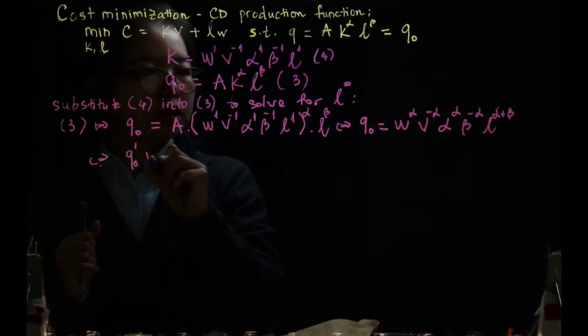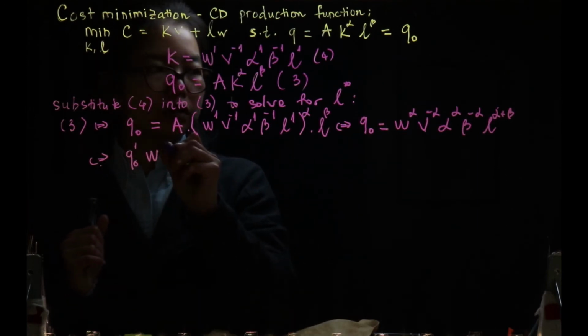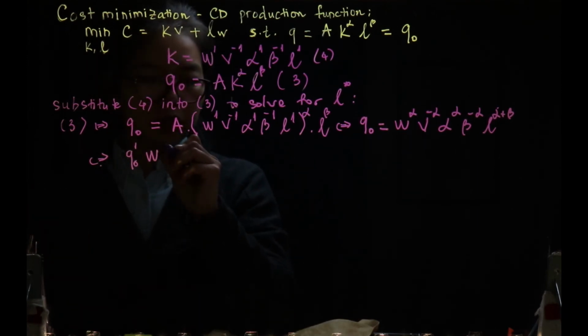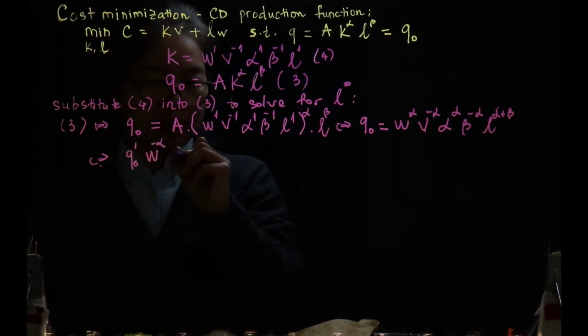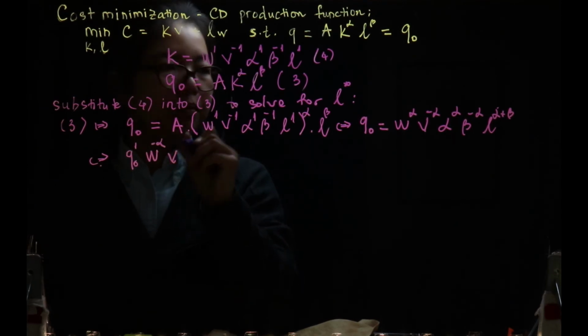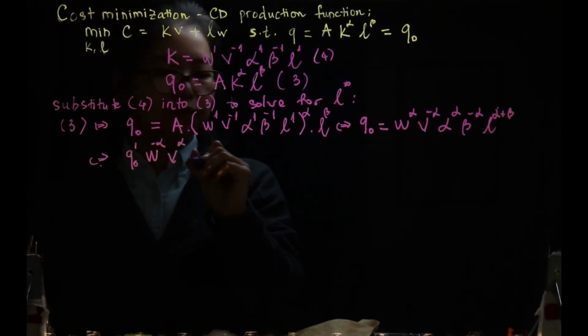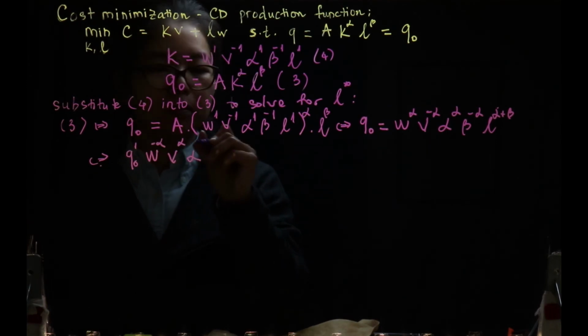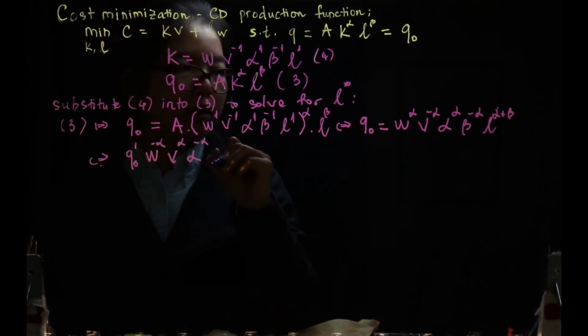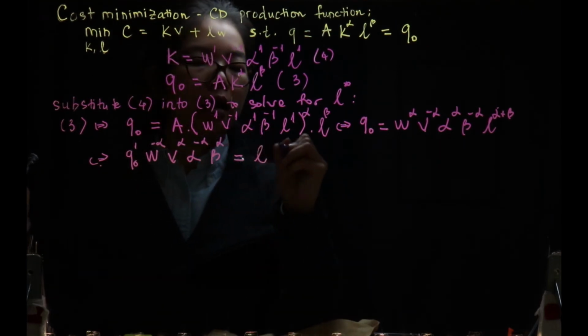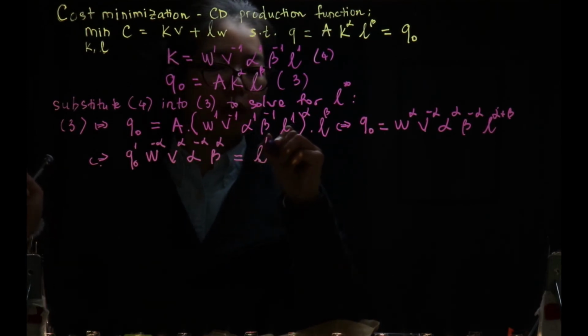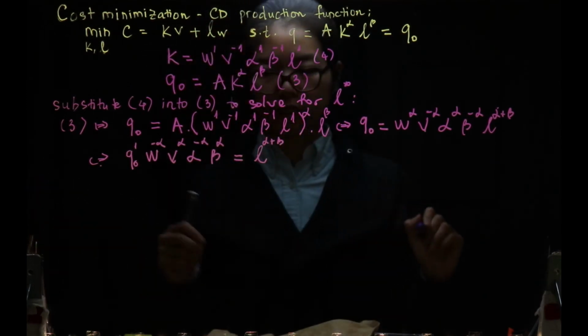Now W, if you want to cross multiply to the other side, that means you divide it, and divide means raising to the power of alpha times minus 1, so minus alpha, times V to the power of alpha times alpha to the power of minus alpha, and then beta alpha, right, equal. Now we only have L to the power of alpha plus beta on the other side.